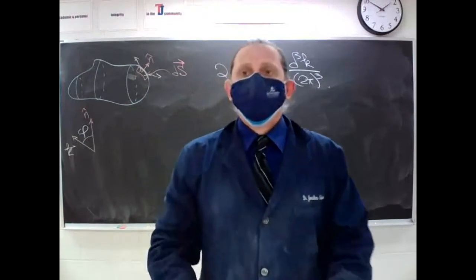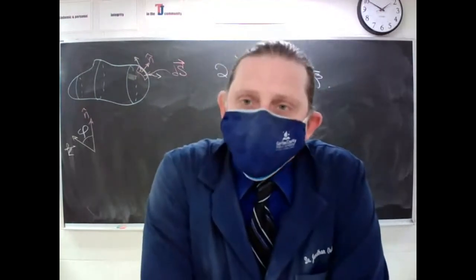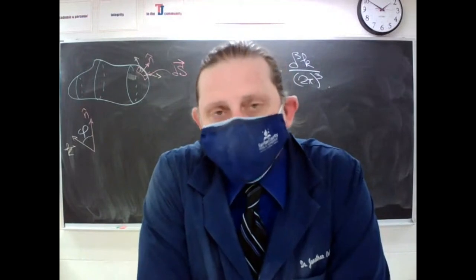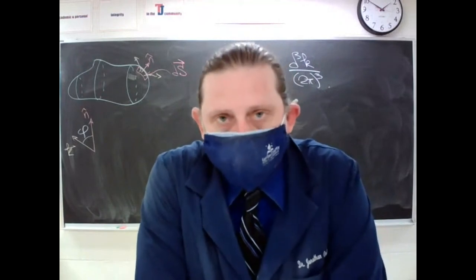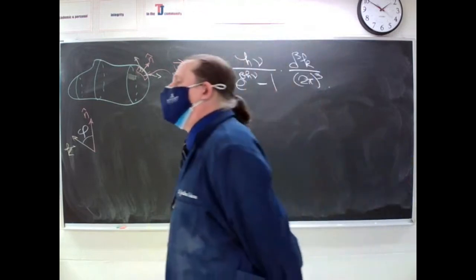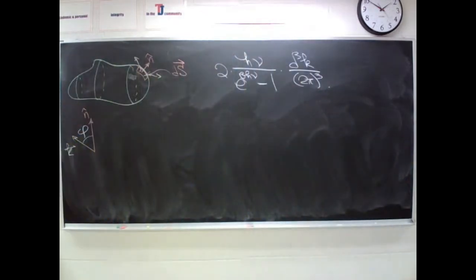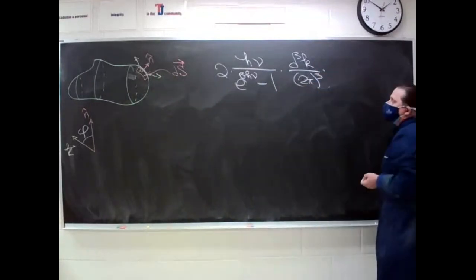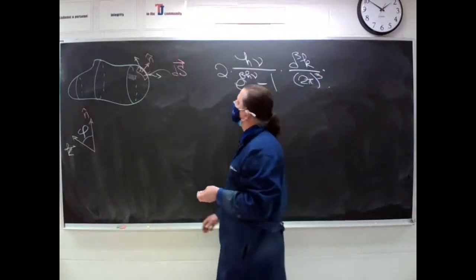Now remember, this was energy density. Energy per unit volume. So I want to know how much energy total gets out, so I have to multiply by a volume. So what is that volume going to be?